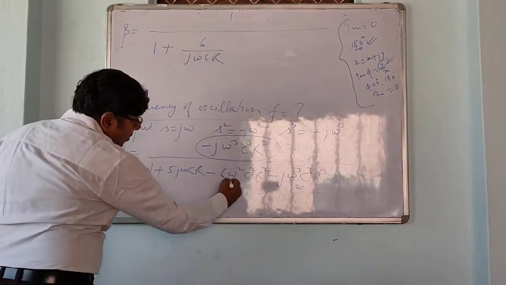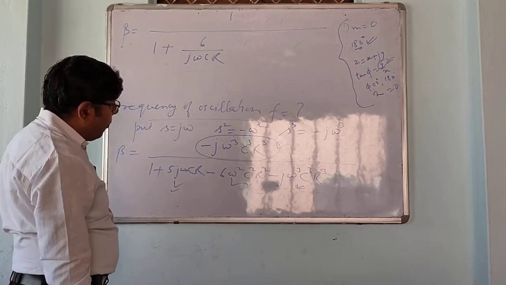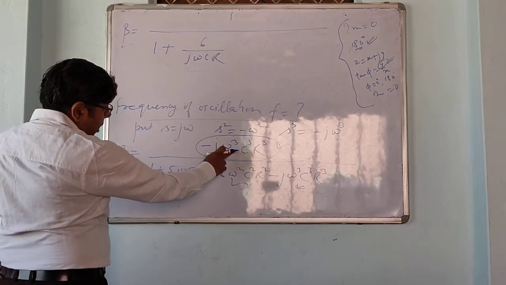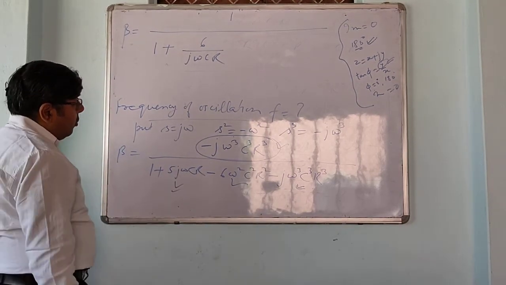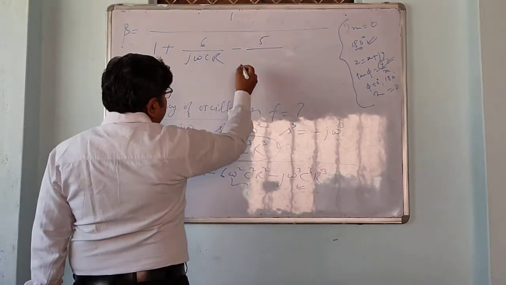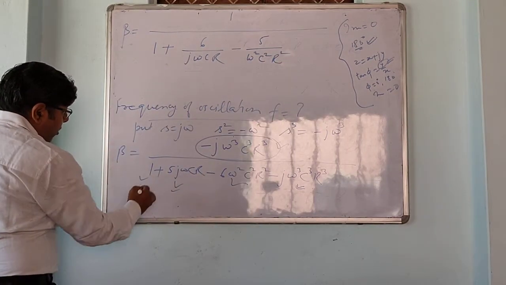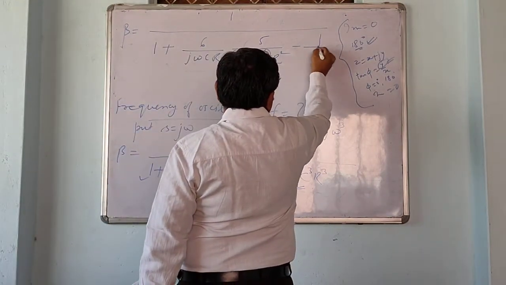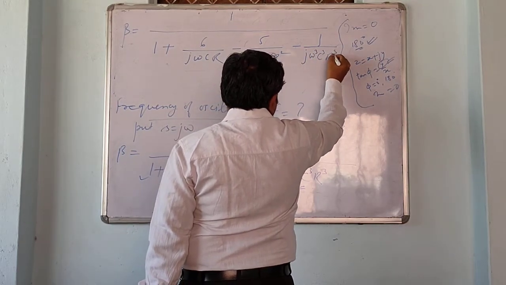This is for this term, and for this, when this is divided by this term, you will get a square in the denominator, because here cube and omega C are there, j is cancelled out, you will get minus 5 upon omega square C square R square, and at the place of this you will get minus 1 upon j omega cube C cube R cube.